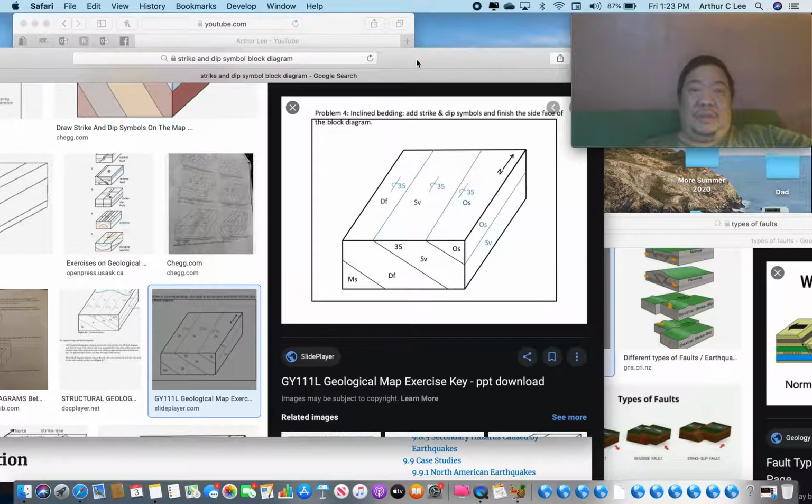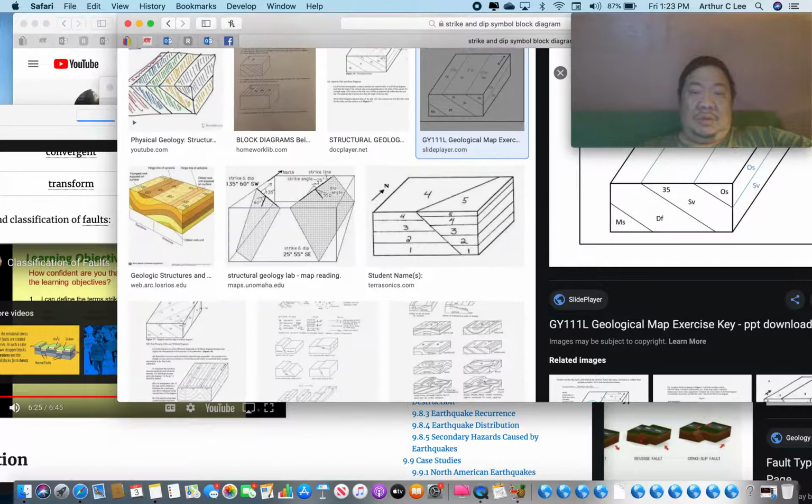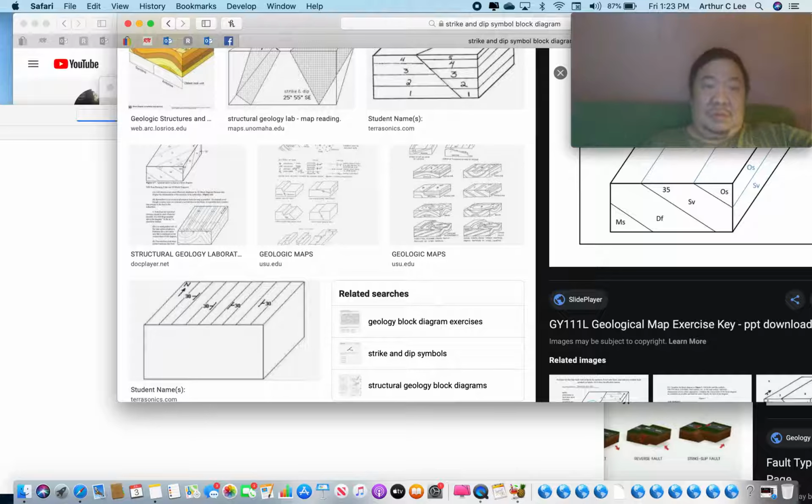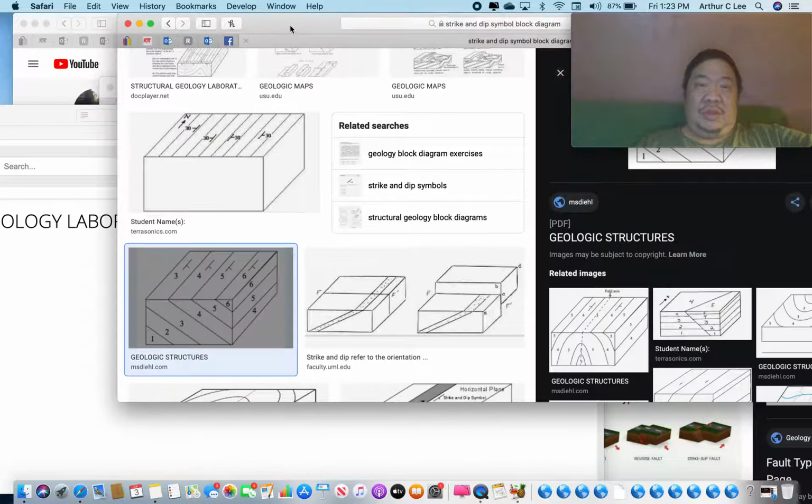Oh, and actually, let's not do that one. This one's too hard. I don't want to start with the hardest ones. That wouldn't be fair to you. Okay, here's an easy one here.